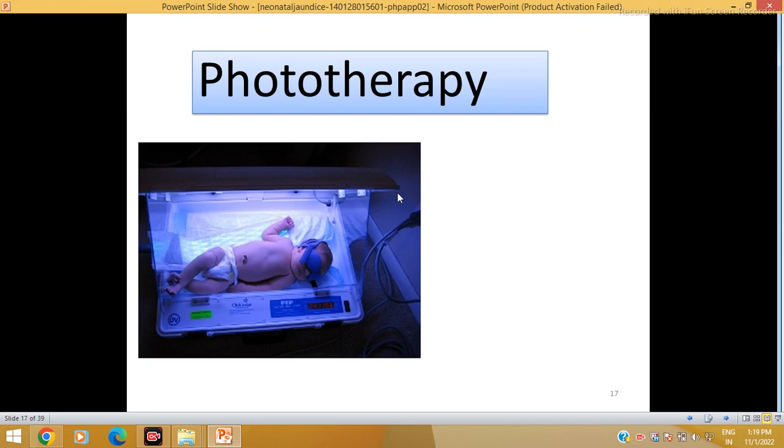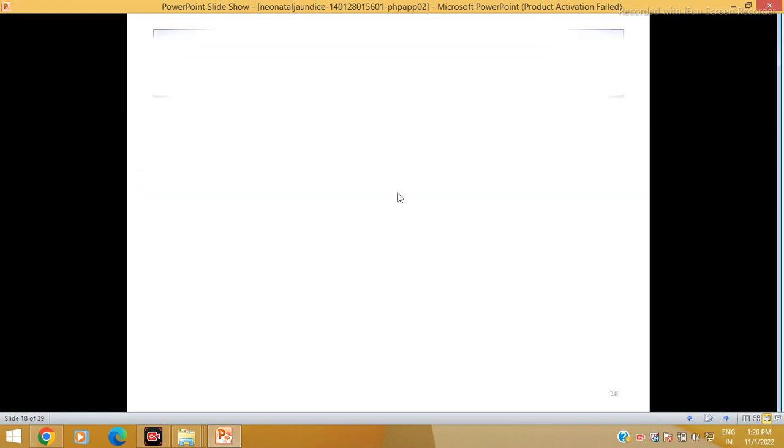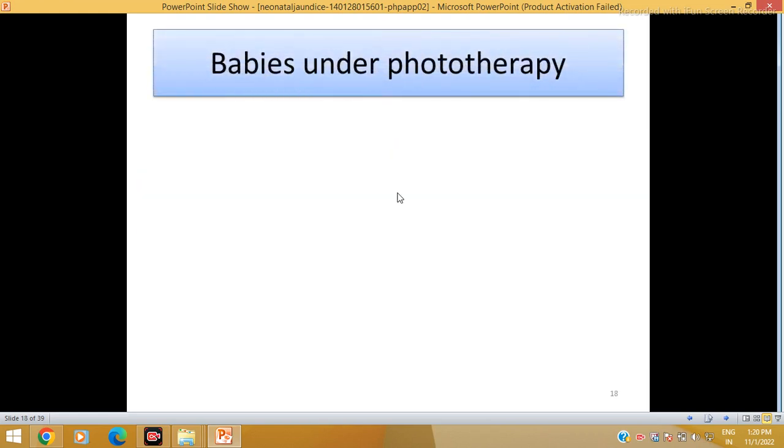To prevent any damage to these very sensitive areas. When bilirubin level is more than 12, we should start the phototherapy and then discontinue when the level falls less than 2 mg per dl of previous.